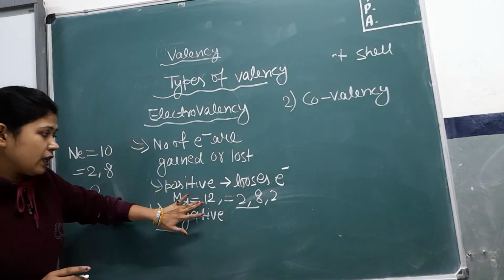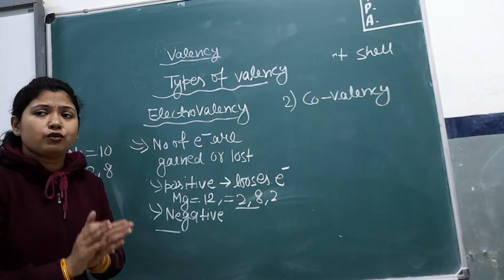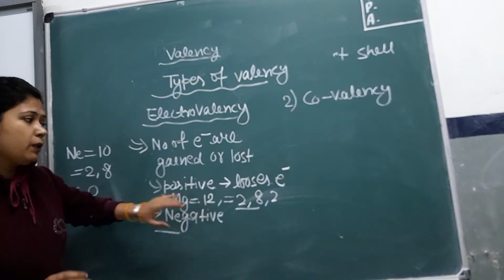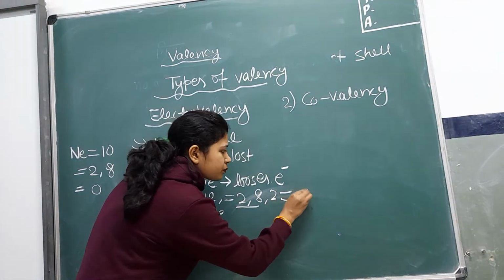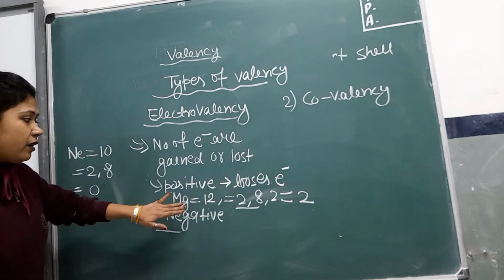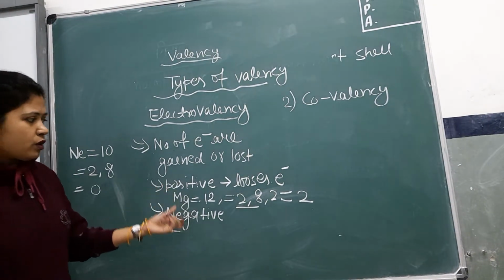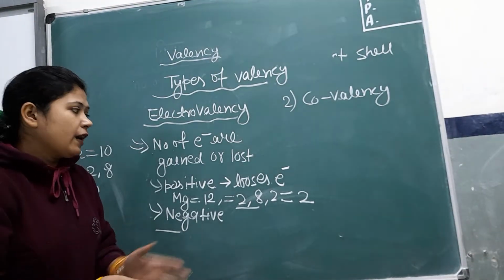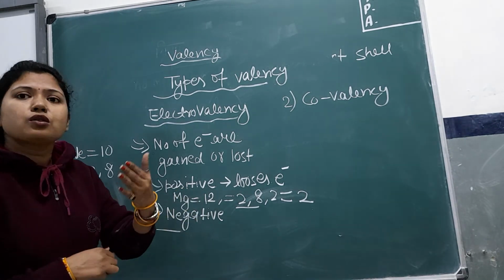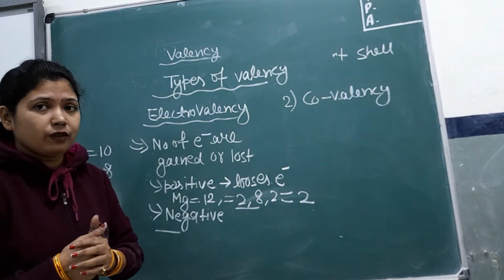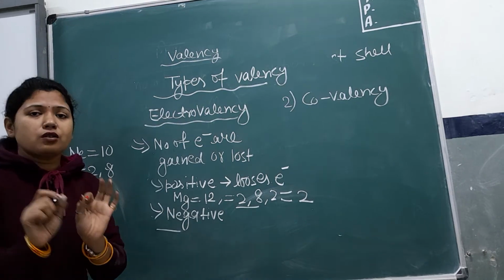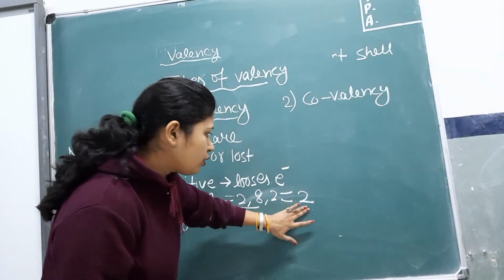So, the positive electrovalency of magnesium is 2. Similarly, aluminum, whose atomic number is 13, will lose 3 electrons. So, its positive electrovalency will be 3.